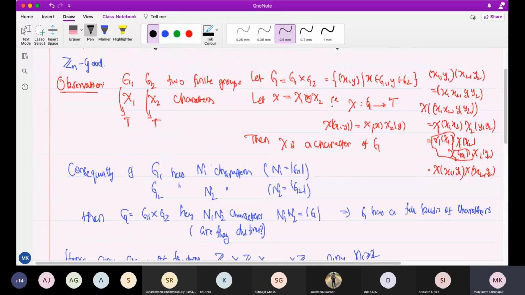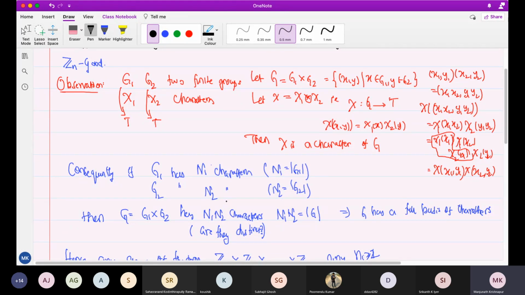You can do a laborious, somewhat tedious calculation and probably check from here that these n1, n2 characters are not merely distinct, but linearly independent. If you have a product of two vector spaces and you have a basis for both, then for the tensor product you can get a basis consisting of the pairwise tensors of these basis vectors.